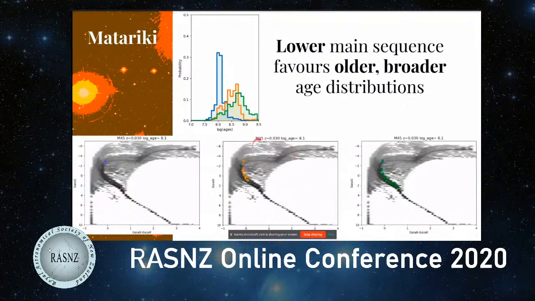This part of the HR diagram I've not talked about much yet because it's not there in NGC 300 and it's not there in the Matariki sample. So the red giant branch is super important for aging as well, because remember when I said that stars spend 90% of their lives on the main sequence? It means they spend only 10% of their lives doing that sort of trajectory. So they do it very quickly.